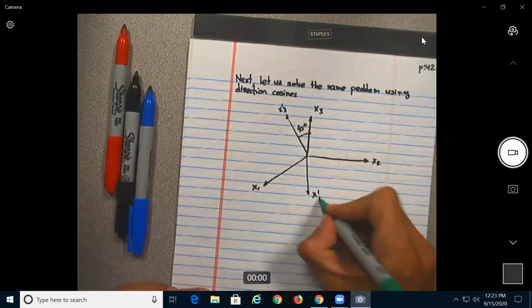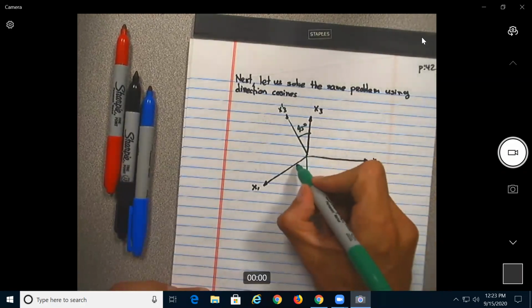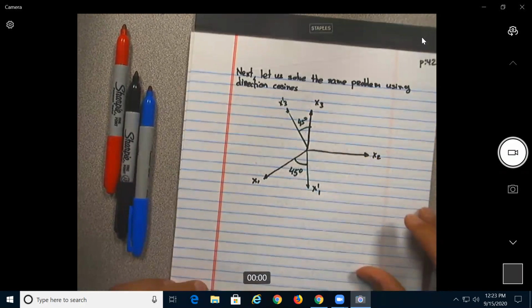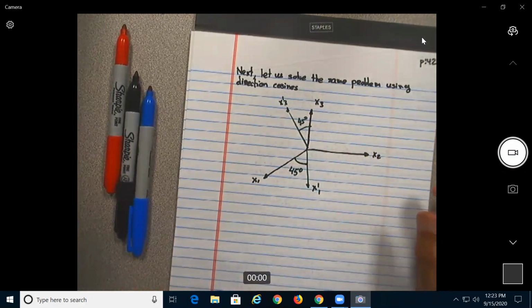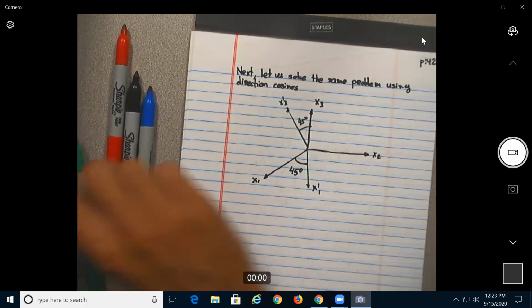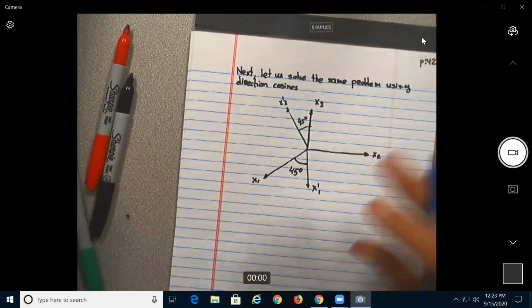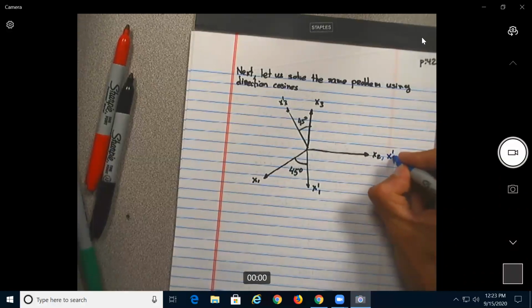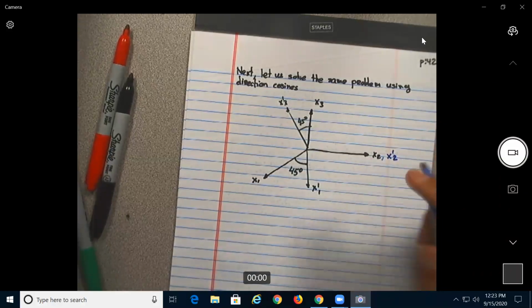X prime 1 with respect to this one will be rotated 45 degrees. And now remember, this one is being rotated here, but this one is being rotated this way, no? So really, this would be x prime 2, okay? Everything is rotating that way.